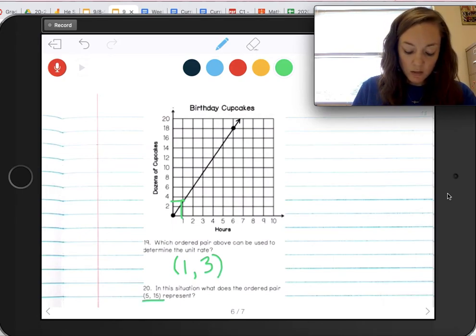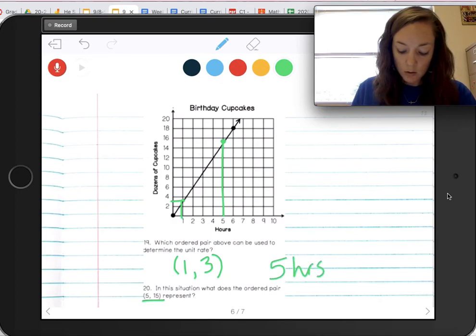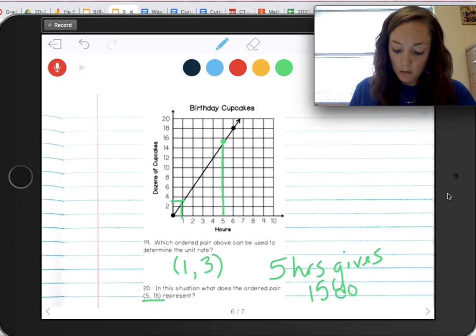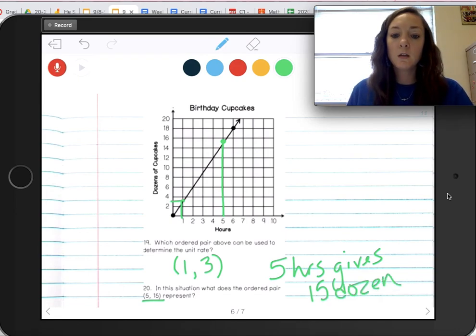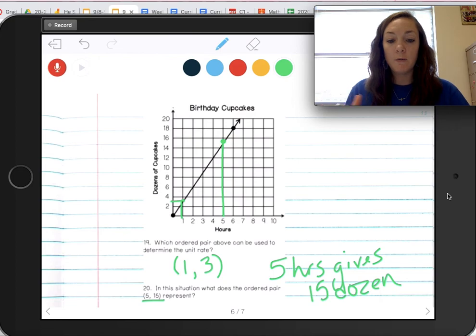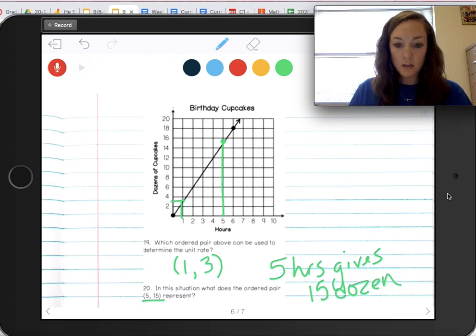And then it says, what does 5, 15 represent? So I've got 5, I'm going up to 15. Well, 5 is the number of hours, and 5 hours gives 15 dozen cupcakes. So that's how we would interpret the graph. We would read it as 5 is our x, so that's 5 hours, gives us 15 dozen cupcakes.